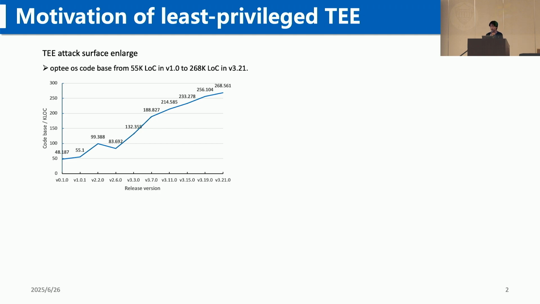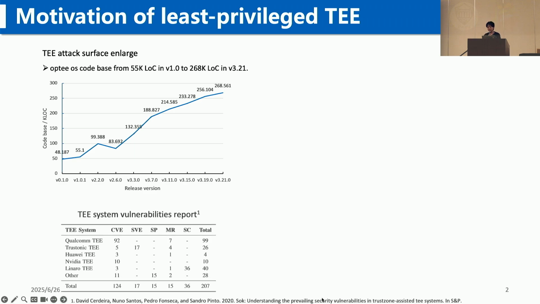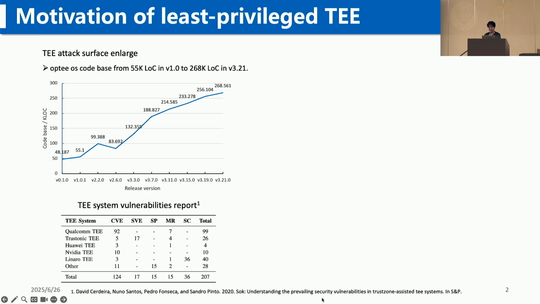The OP-TEE OS code base has grown from 55K to 268K lines of code over time, which increases the likelihood of vulnerabilities, as this table shows in the TE system vulnerabilities report.